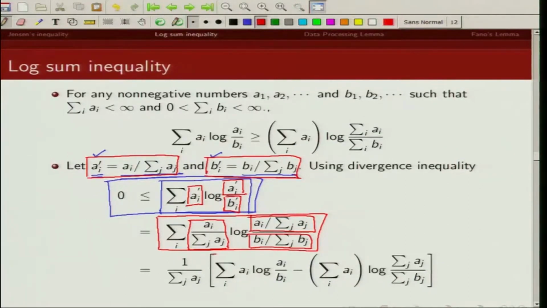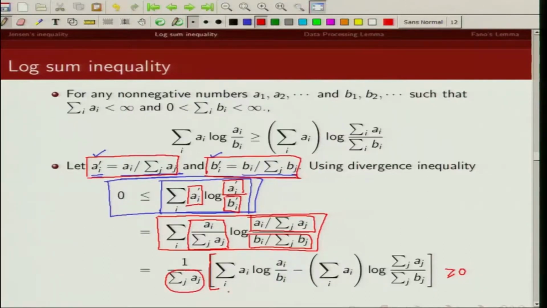So what I get here is summation of ai log ai by bi minus summation of ai log of summation of ai's divided by summation of bi's. Now I know this is greater than or equal to 0. Now this is sum of non-negative numbers, so that is a positive quantity.